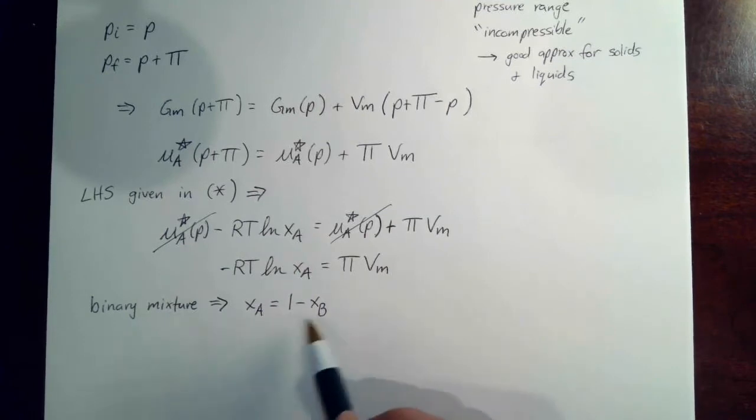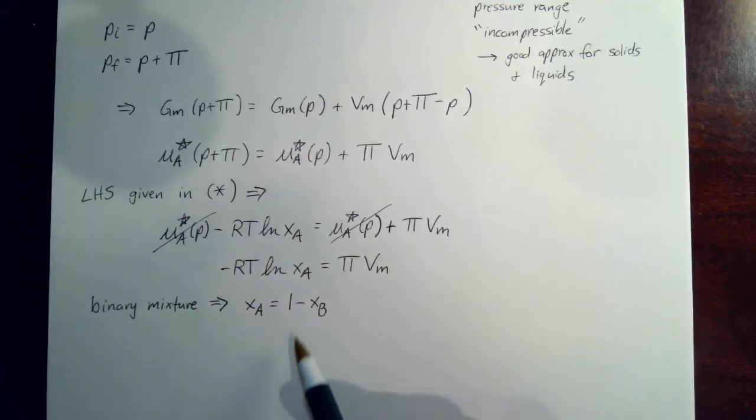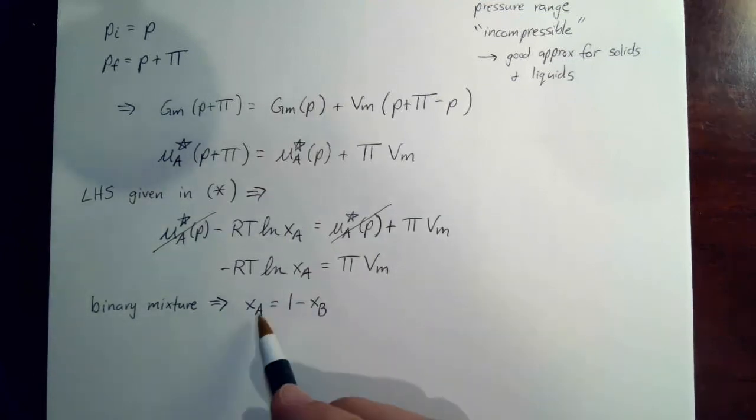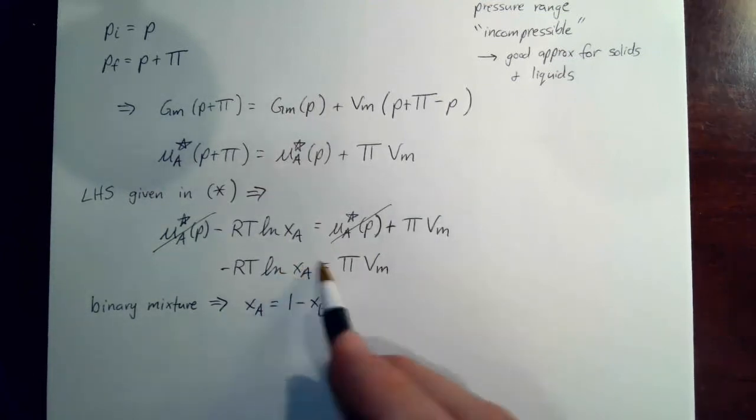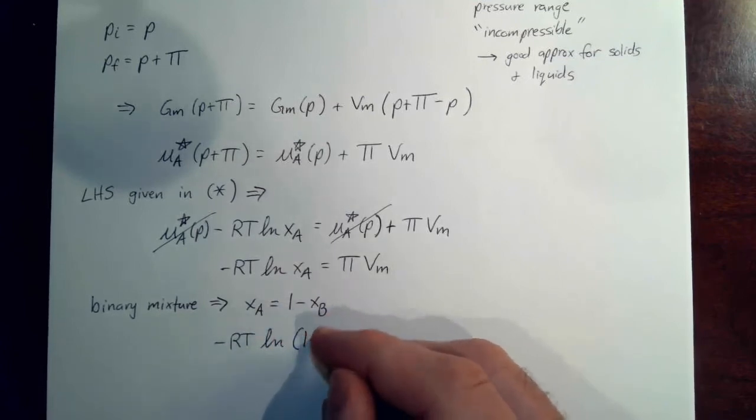That is to say that XA plus XB equals 1, because if there's only two substances, then the two of them together must account for 100% of the moles that are present. So if I make that substitution in here, then I get 1 minus XB.